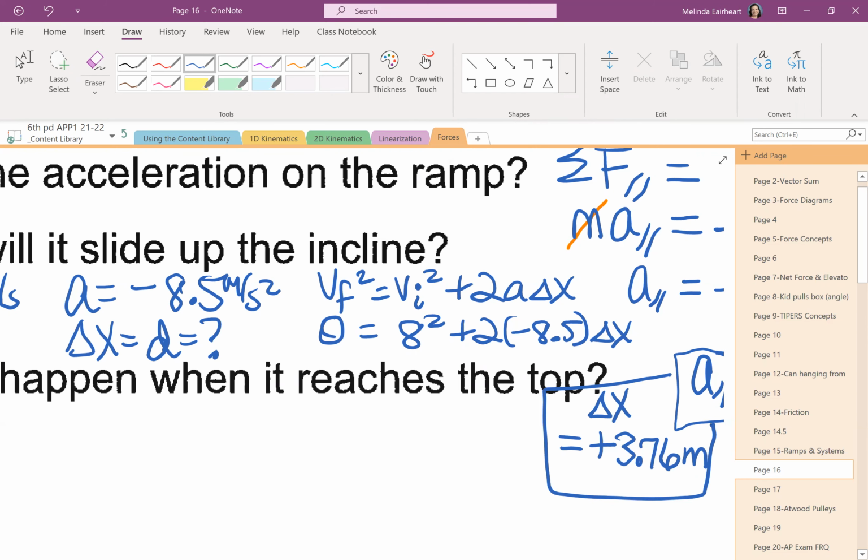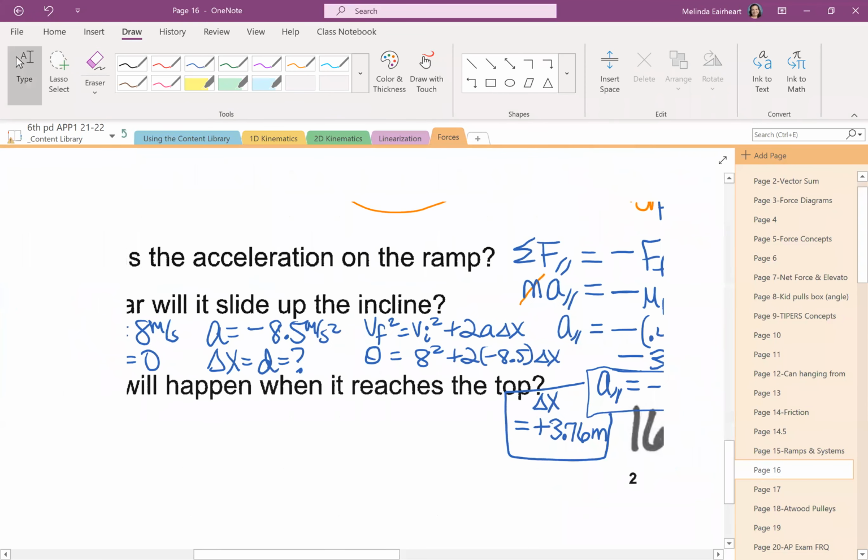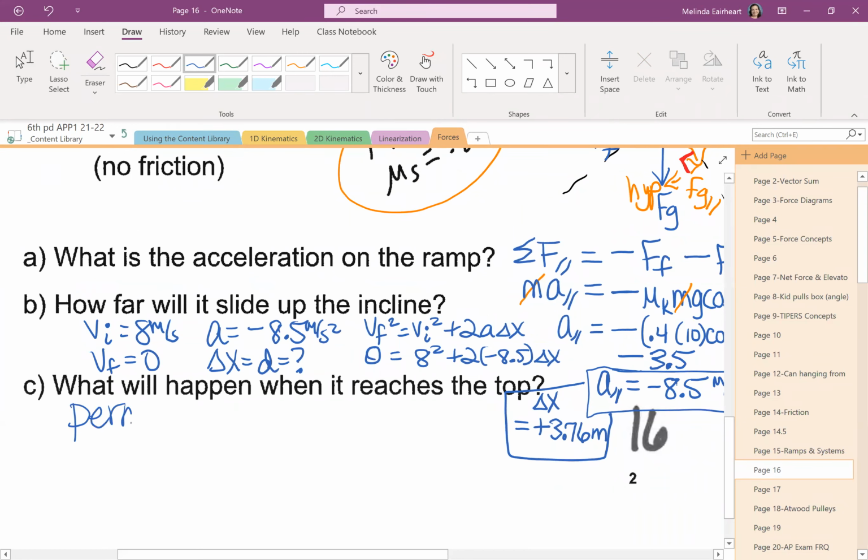Okay, so far it's been moving, it's been kinetic. The box comes to a stop. C is basically saying, what's going to happen at the top? What it's really saying is it going to be a permanent stop or just a temporary stop? For it to be a permanent stop, so let me add that, permanent, or is it temporary?